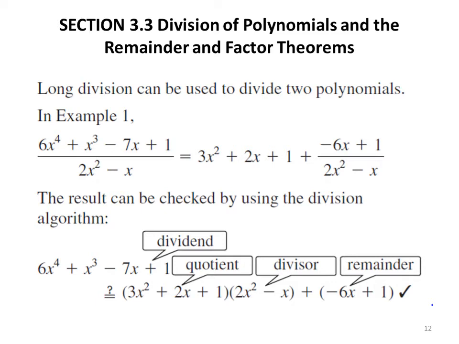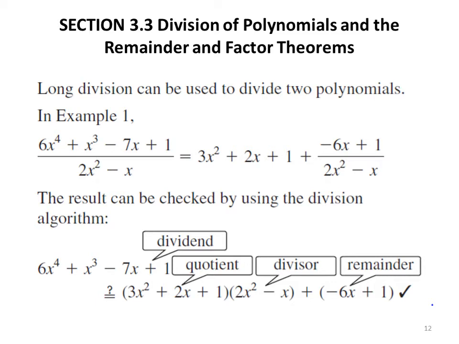We will look at an example for applying the long division. But whenever you carry out the division, once you know the quotient and remainder, you can always write the polynomial, like 6x to the 4 plus x cubed minus 7x plus 1, as the quotient times the divisor, which is the polynomial we divided by, plus the remainder.